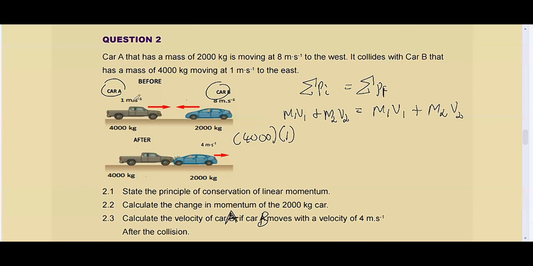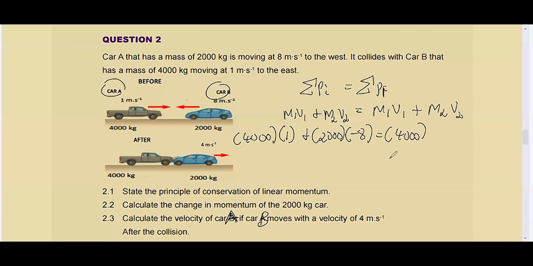The velocity is 1 meter per second to the right, so that's positive. Then we have 2,000, but the 8 meters per second is to the left or west direction, so it's -8, right? One thing that can really be tricky here is having to always note your directions, so always make sure that you are alert when it comes to that.